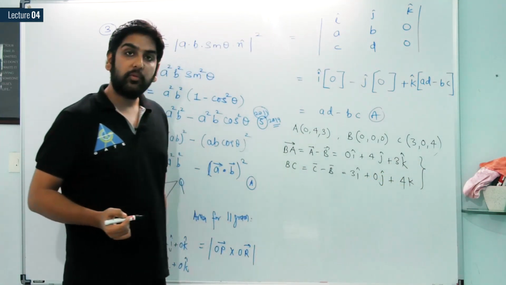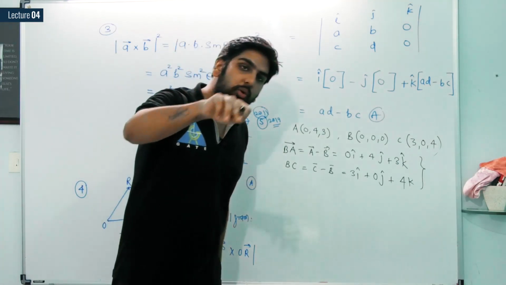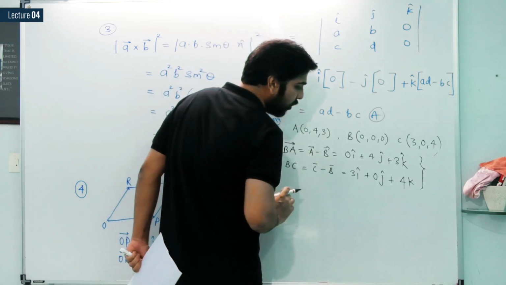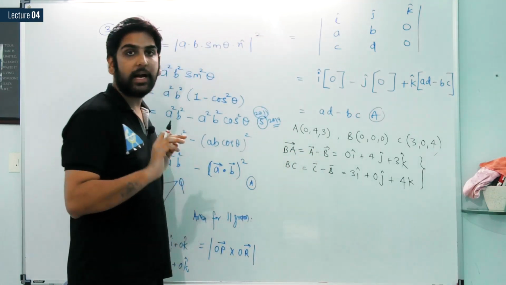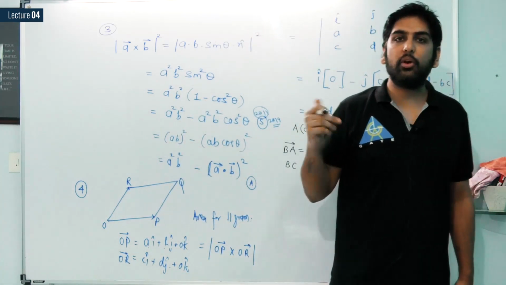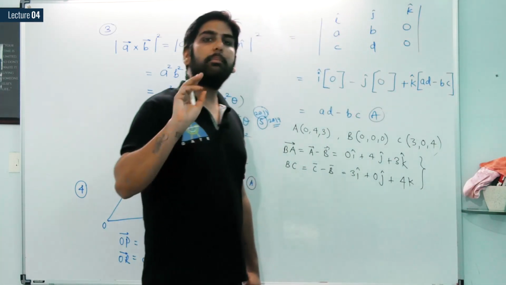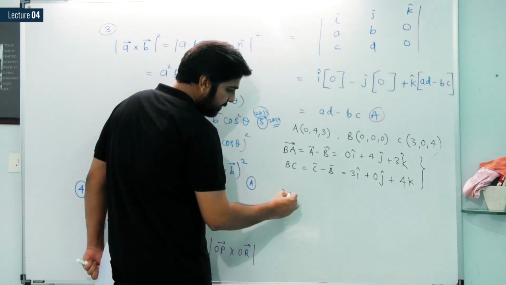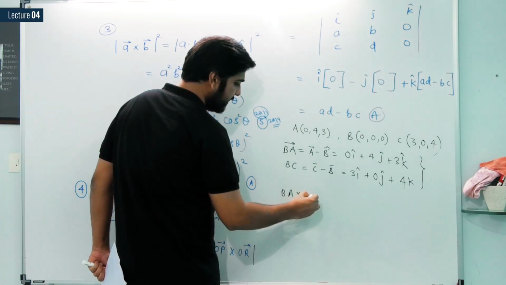So we need to evaluate the vector which is perpendicular to these two vectors. So my dear students, if I am calculating the cross product of these two vectors, then the resultant vector is definitely perpendicular to these two vectors. So I am having BA cross BC.